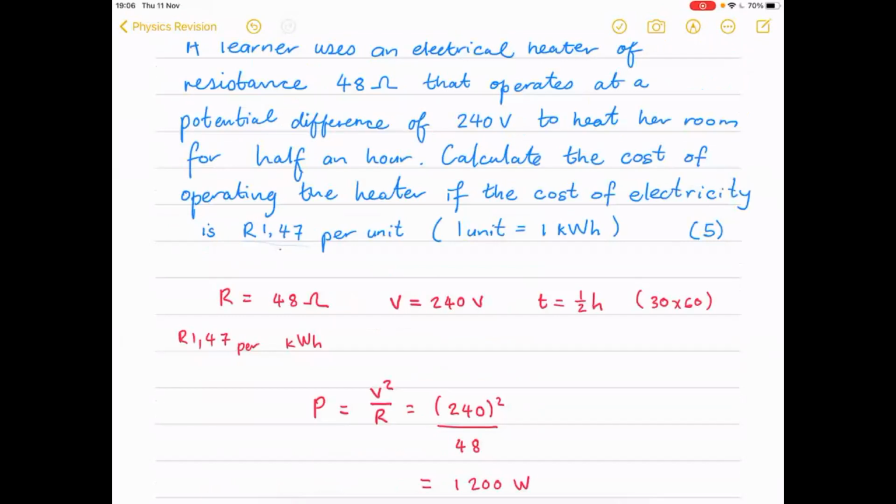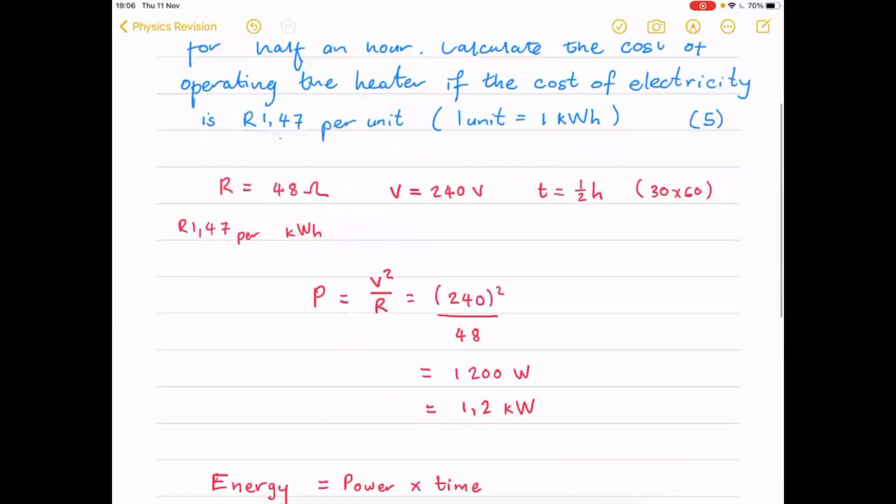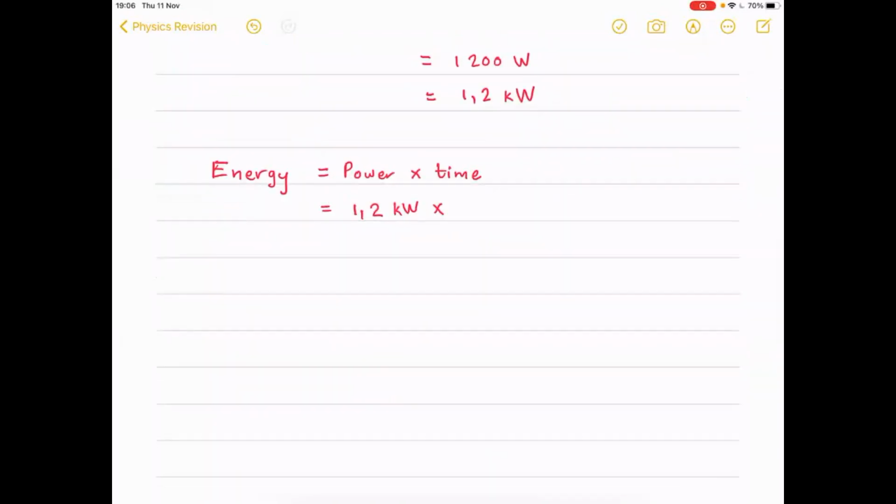I'm going to use half an hour because I want the time to be in the unit of hours. So multiplied by 0.5 hours, because that's how long she had it on. So 1.2 multiplied by 0.5 is 0.6. And what is the unit? It's kilowatt multiplied by hour, kilowatt hour. So that's the energy that is being used up.